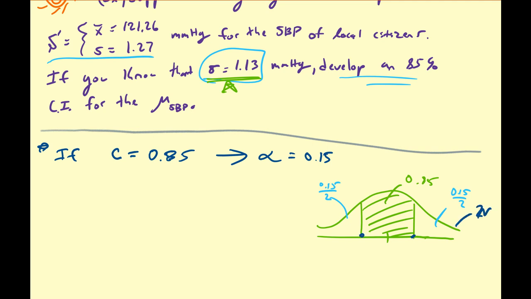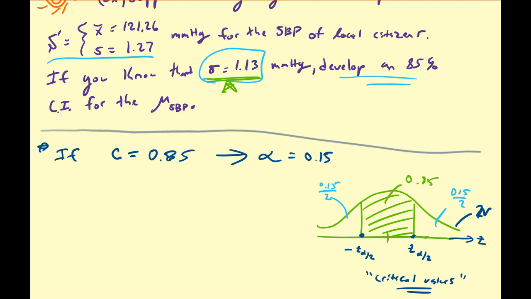So there's going to be corresponding z values. This is going to be the standard normal distribution, and this is the z-axis. So there's going to be z values that are going to make this area true. And we're going to call that z of alpha over 2 and minus z of alpha over 2. And these are what we call the critical values. So let's find out what critical values correspond to a symmetric 85% confidence interval.